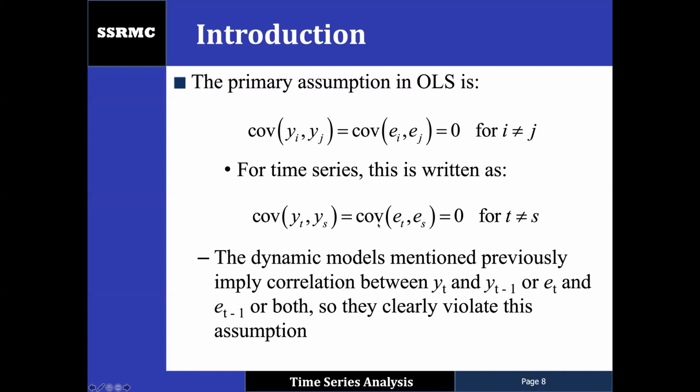So the covariance or correlation between the error terms from different points in time should be 0. But based on the discussion on the previous three slides, it's clear that the time series models, the dynamic models we introduced, by construction have this correlation problem. So e_t and e_{t-1} are correlated, and it's a clear violation of the OLS assumption. This is why we need to introduce some new tools.